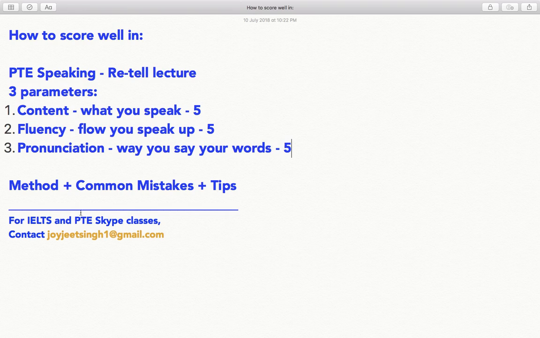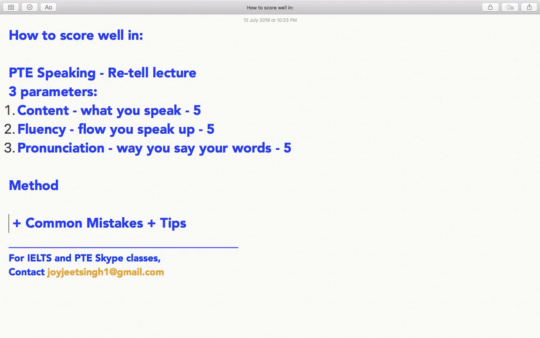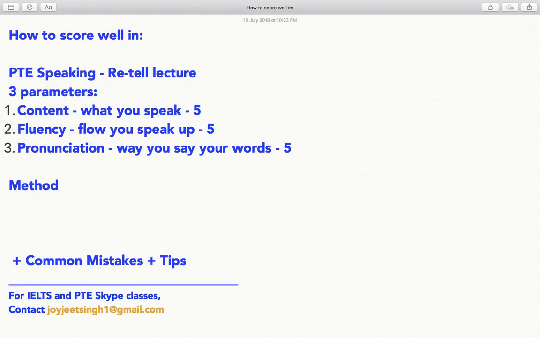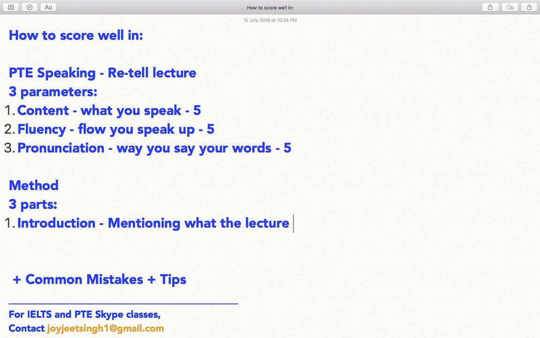Now guys, for this, the method I want you to learn, and I do mean learn, not memorize, not cram, but learn by practicing. This method has 3 parts. The first one is introduction, mentioning what the lecture is about.